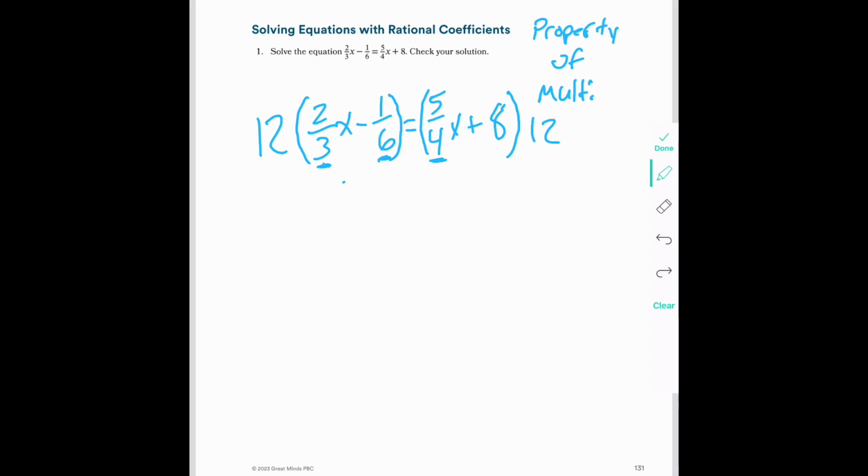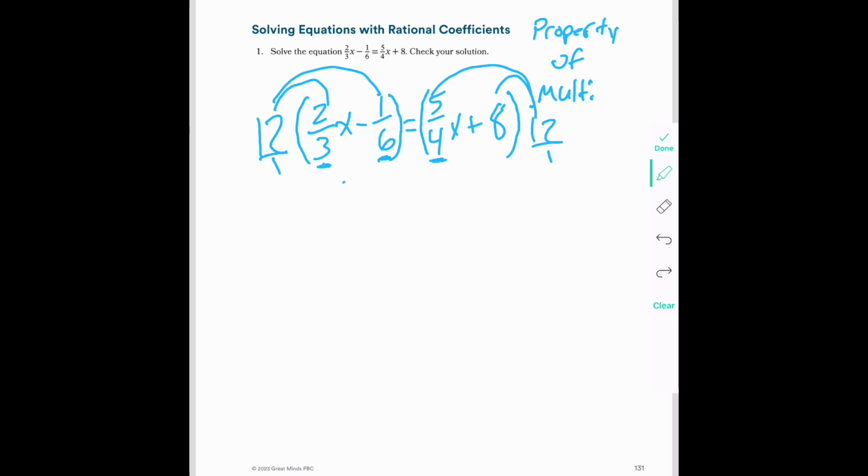Okay? So that means I'm distributing now 12 to all of the equation. The reason I'm doing this is because when I distribute 12 to all of the equation, it should give me all whole numbers when I do this math, okay? So, of course, we have to do 12 over 1 to do the math with the fractions.